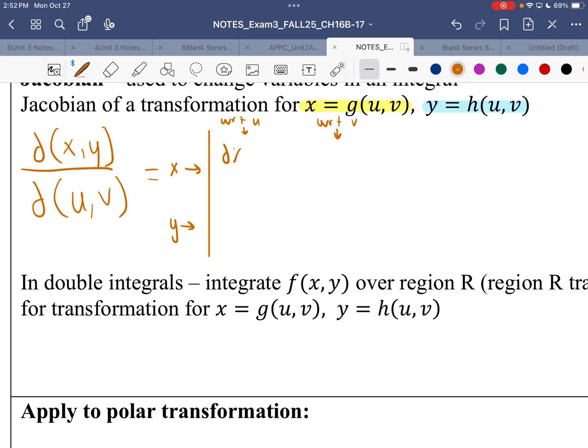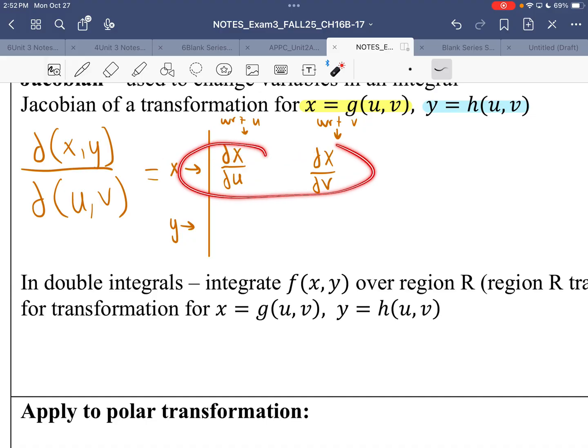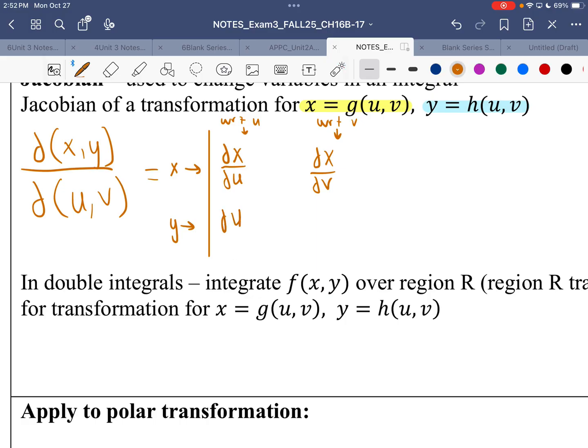So this is going to be del x, del u, del x, del v. Whenever you input into a matrix, you really want to get in the habit of inputting rows and then columns. So that's why I did my derivative this way. So we're inputting into this as a row, and then the column. Now I'm going to the second row, first column.